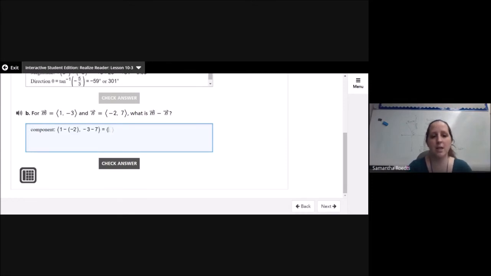So 1 minus a negative 2 gives me a positive 3. Negative 3 minus 7 gives me a negative 10. Okay. My magnitude, I just needed to figure out my component.